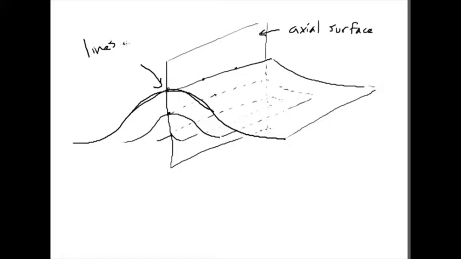These are lines of maximum curvature. So this would be a line of maximum curvature for this top layer. And most folds have one of these. This is called a hinge line.